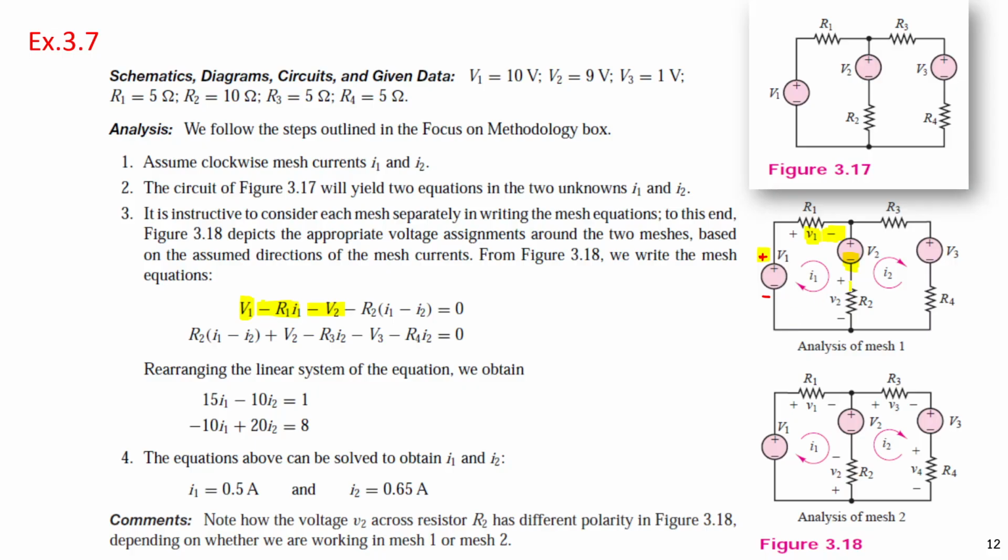And how much for this voltage? V2. In this case, we consider this direction as positive, so it will be minus here. How much for the current? The current flowing through R2 is I1 minus I2, right?